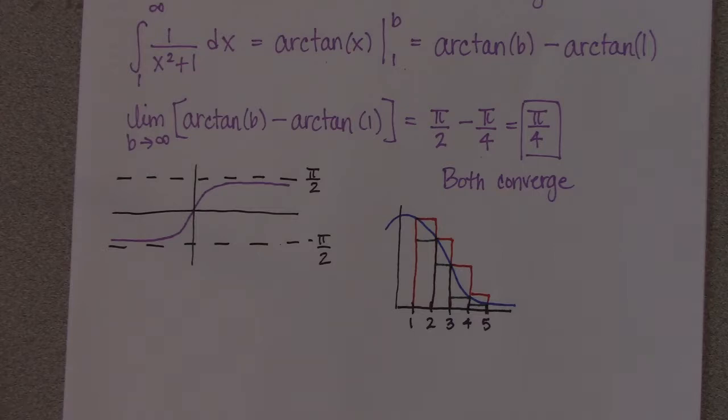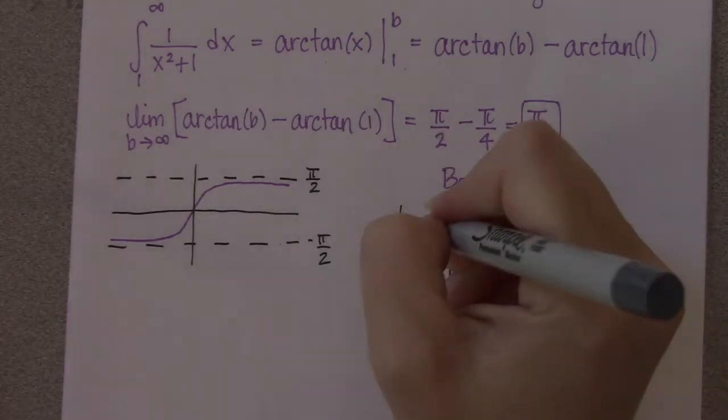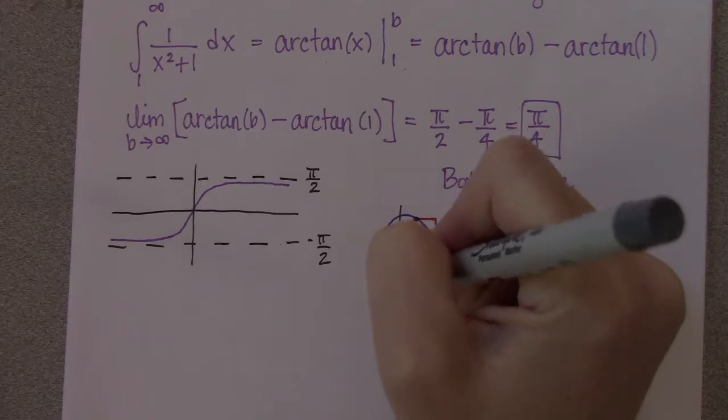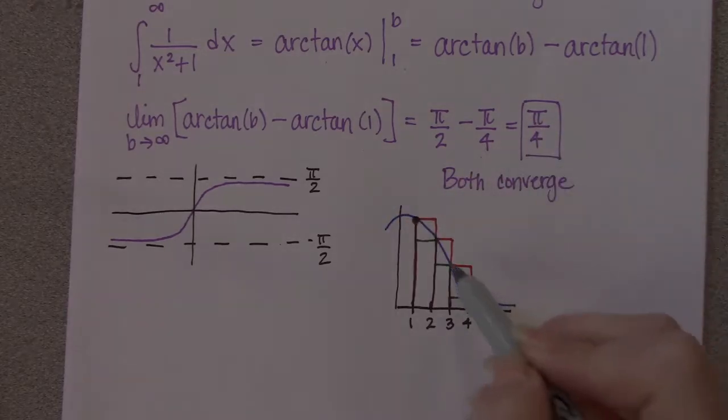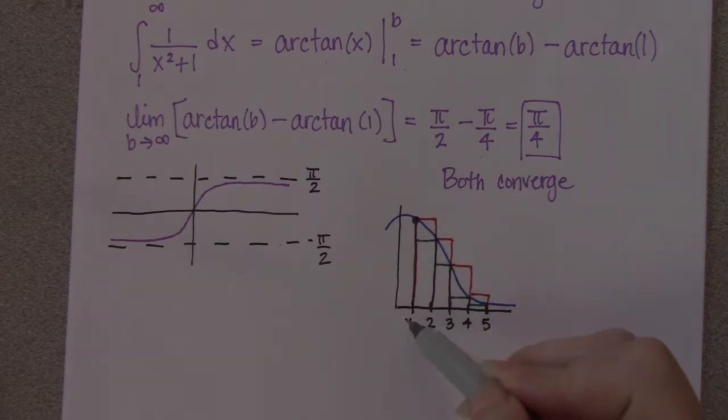What the series does is it just says evaluate at 1, evaluate at 2, evaluate at 3, evaluate at 4. So the heights of these lines, if you evaluated at 1, the answer is just that distance right there.